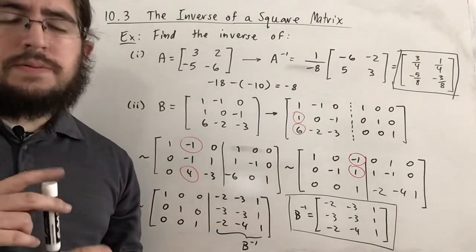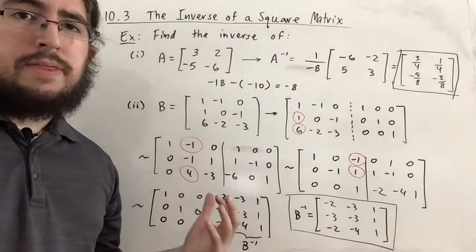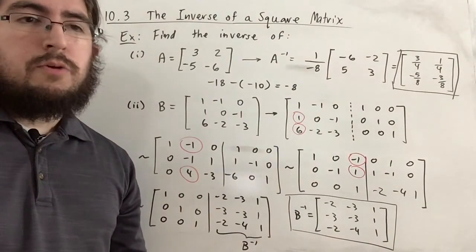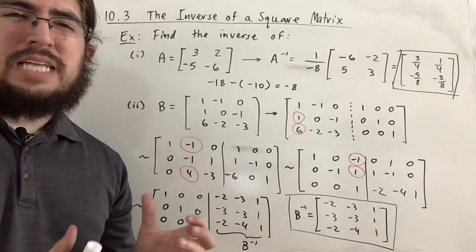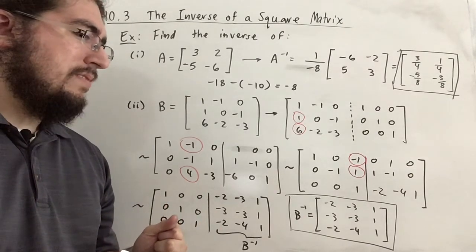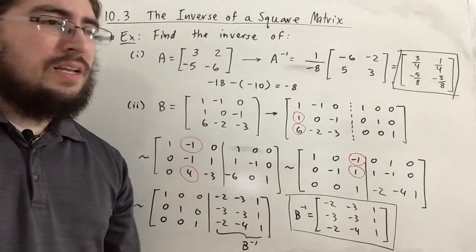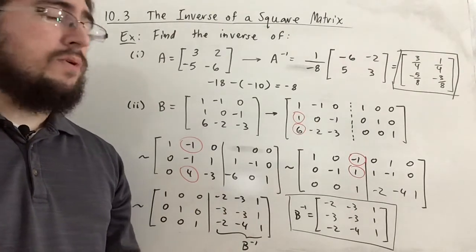Let me just mention, by the way, there is actually a shortcut for 3 by 3s. It's not the same as this shortcut, and it's not worth it for me to go into details of because it involves a lot of weird little steps that are kind of beyond the class in some sense. So you'll see those in a future class if you ever take linear algebra.